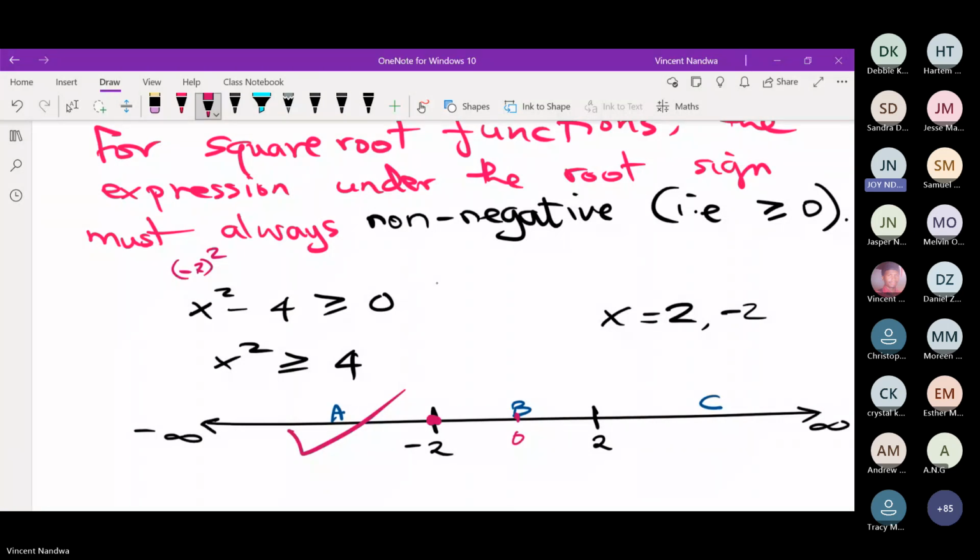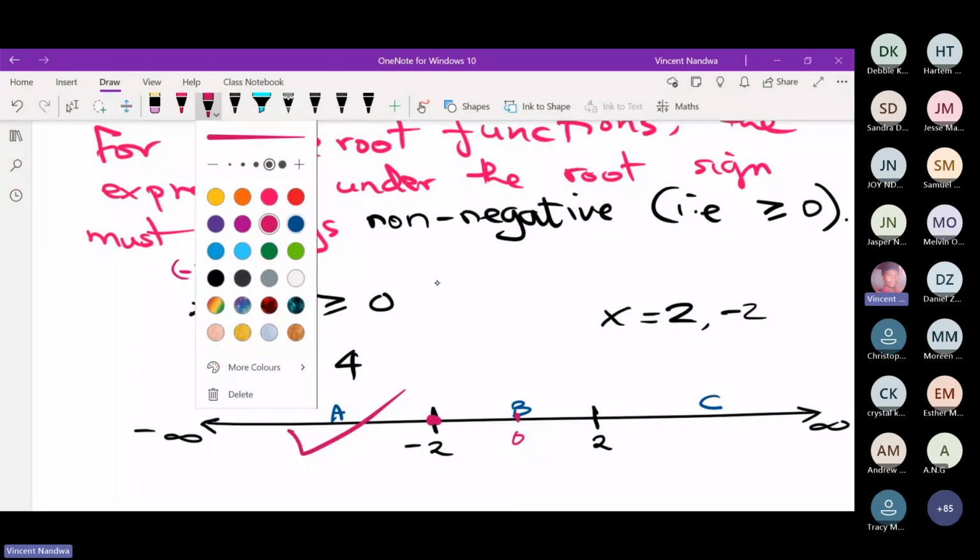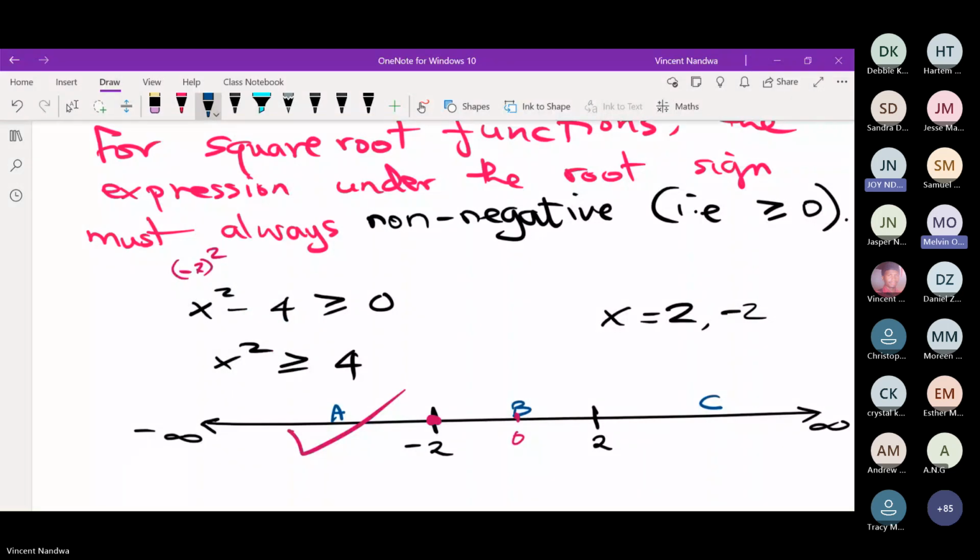No. Even if I pick 0, 0 squared minus 4 is still not more than 0. So B does not work. All numbers from -2 to 2 do not satisfy the condition x squared minus 4 greater than or equal to 0, so no number in that interval should be part of the domain.